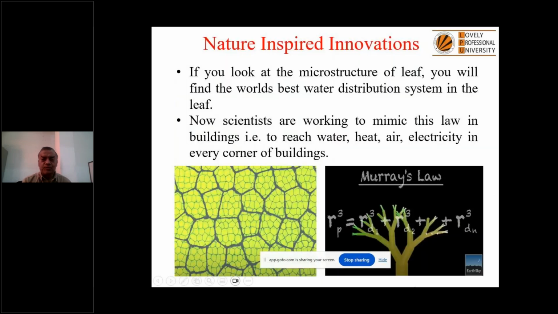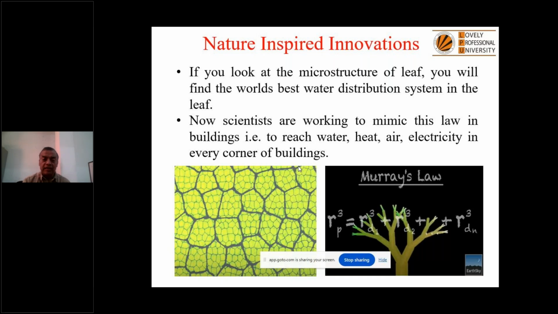So this is the next nature inspired innovation. If you look at the microstructure of a leaf, you will find the world's best water distribution system in the leaf. Now scientists are working to mimic this in buildings also. So civil engineers and building engineers are conceiving this idea to send water supply, air supply, and cool water supply to every corner of the building.